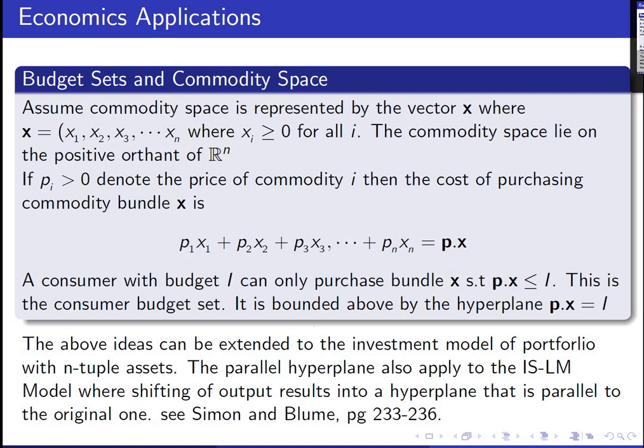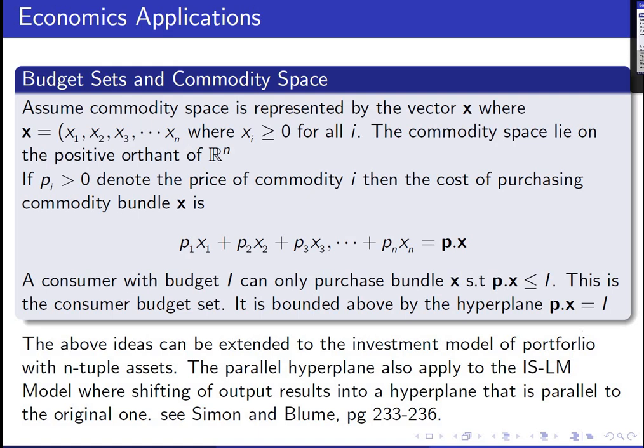So a consumer with budget I can only purchase a bundle X such that P dot X is smaller than or equal to I. This is your budget set, and it is bounded above by the hyperplane P dot X equals I. Previously, the equation of a plane, right?